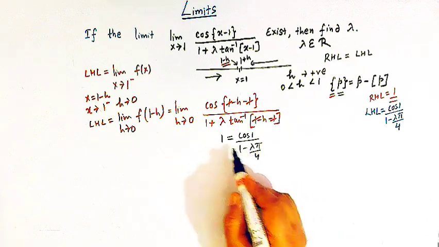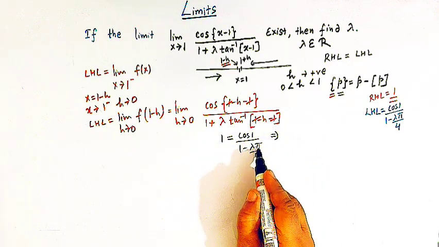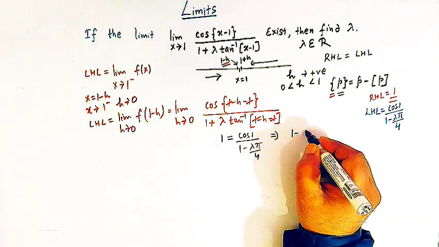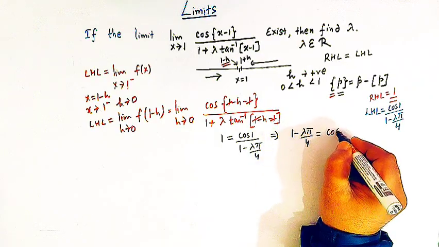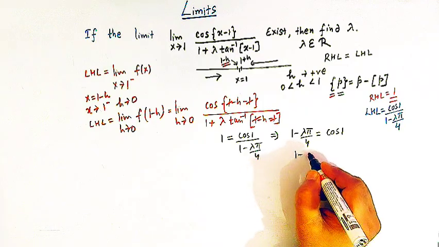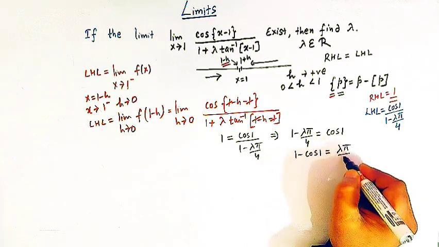So now we can solve this equation. Taking 1 minus lambda pi over 4 to the left hand side, we have 1 minus lambda pi over 4 is equal to cos of 1. So rearranging the terms, we have 1 minus cos of 1 is equal to lambda pi over 4.